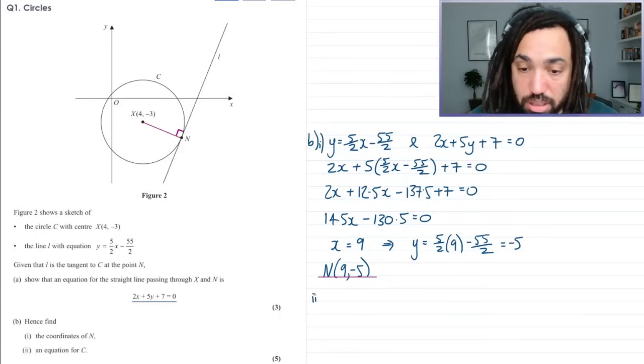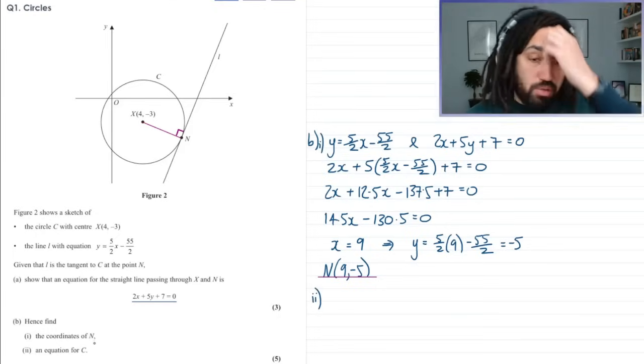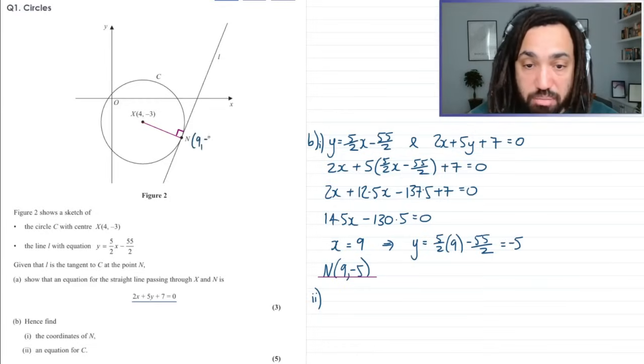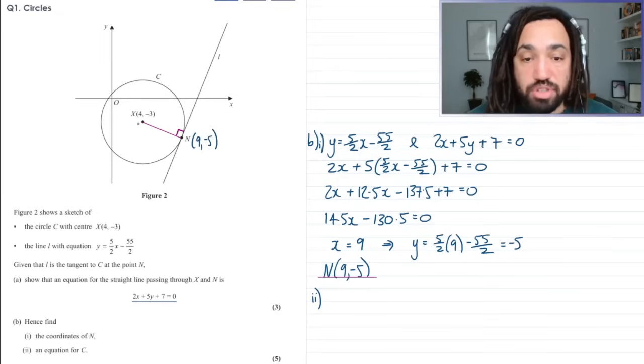Okay. So for part (ii), we need to find the equation of the circle. Well, we now know that N is at (9, minus 5), so we can work out the distance of the purple line, which will be the radius.